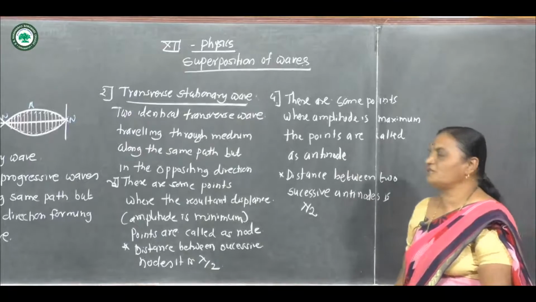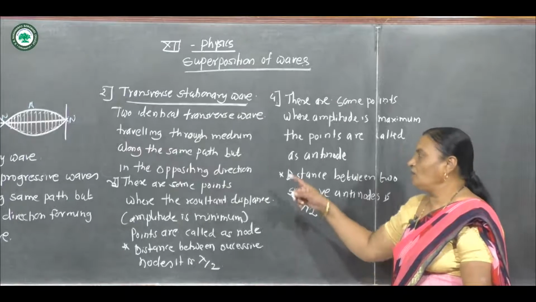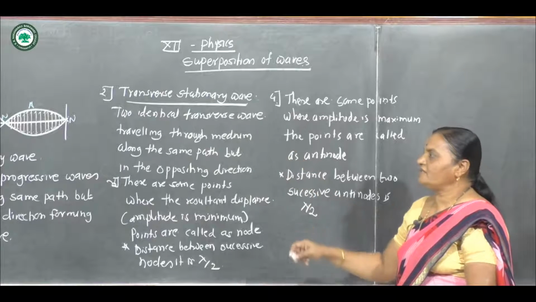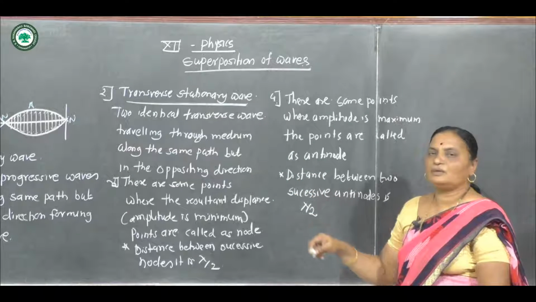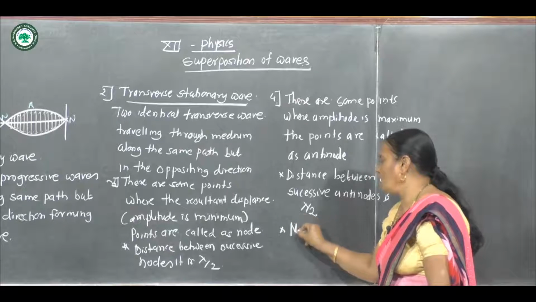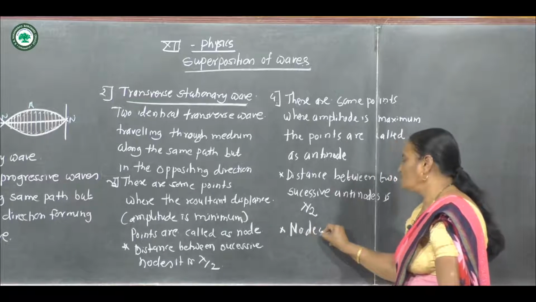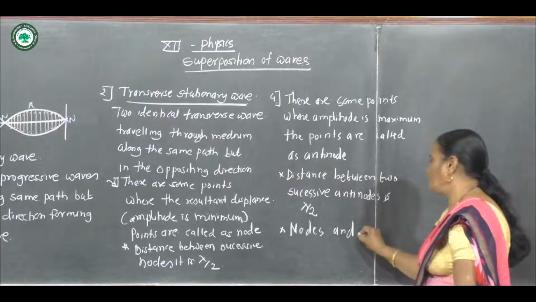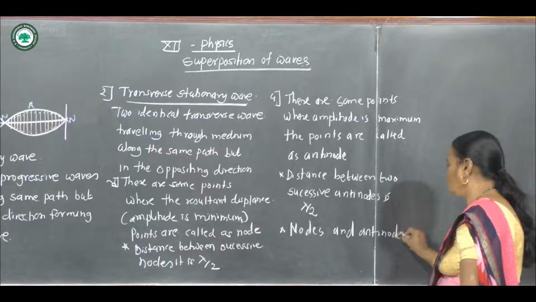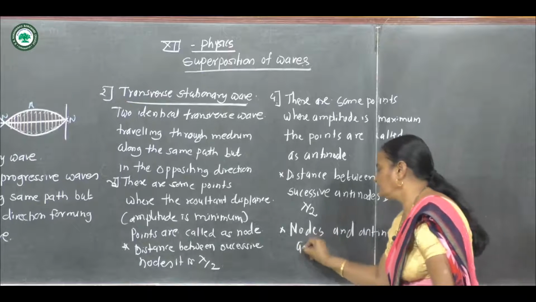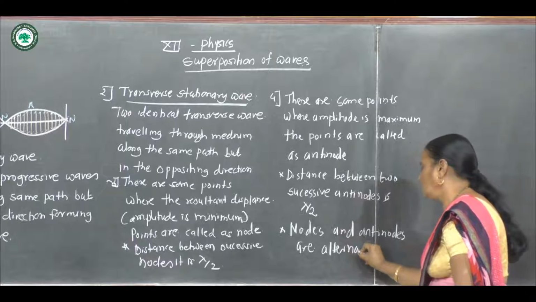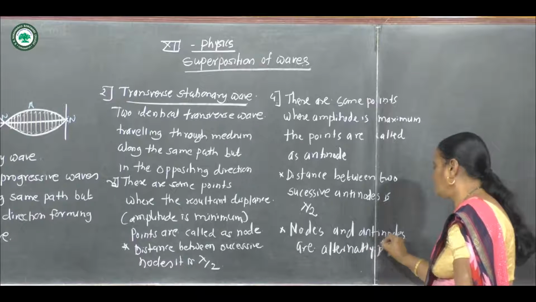When this transverse wave propagates on the string, the medium divides into alternate nodes and antinodes. Nodes and antinodes are alternately placed.